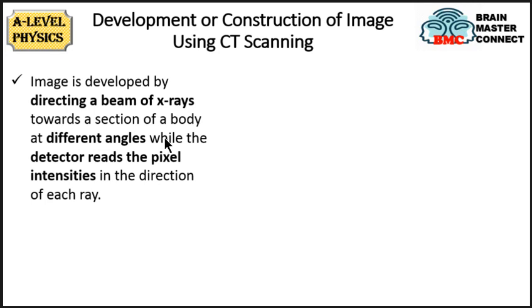Now what I mean is that image is only developed by directing a beam of X-rays towards a section, and that is done at different angles. The detector's function or duty is to read the pixel intensities.